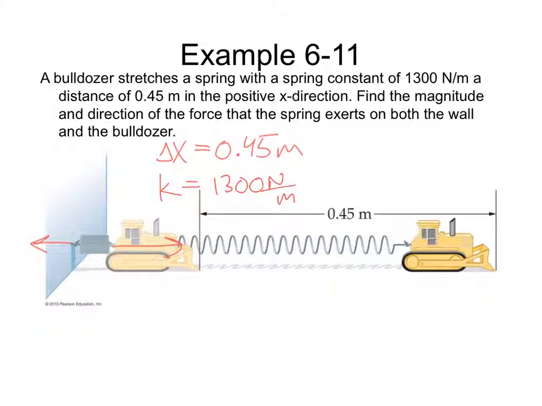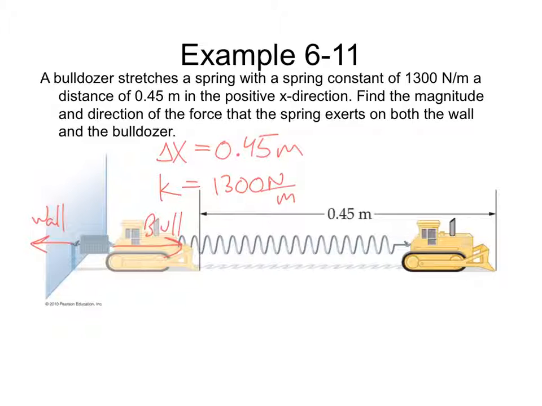And we want to find the magnitude and direction of the force the spring exerts on the wall and the bulldozer. Okay? So the wall is pulling outwards that way. The bulldozer is pulling out that way. So what direction? First of all, let's just kind of conceptually think about this.